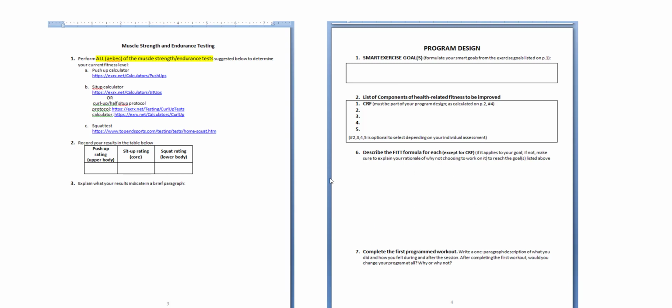You can also include the exercises that you would like to include in your program. Don't go into details of rep counts, set counts, and weight. And this is going to be the reflection that you will have after you complete your first programmed exercise design.